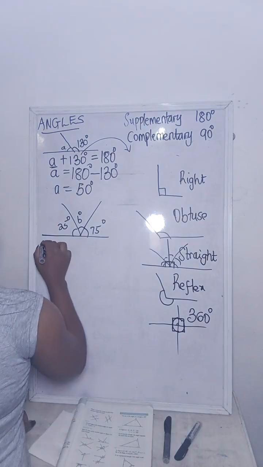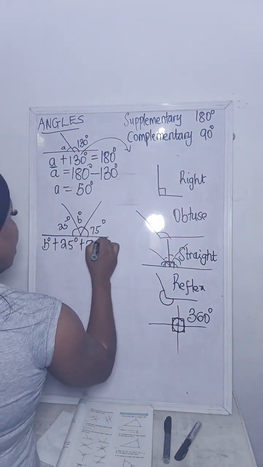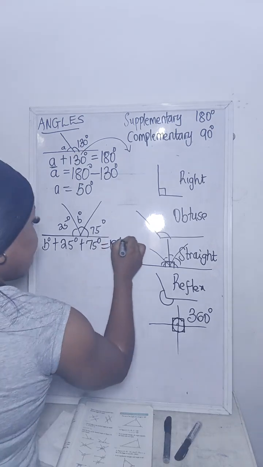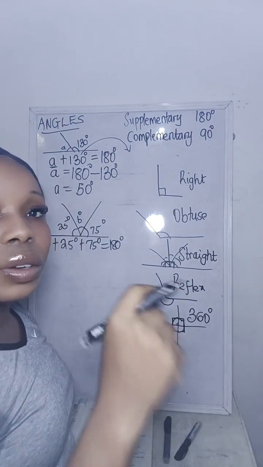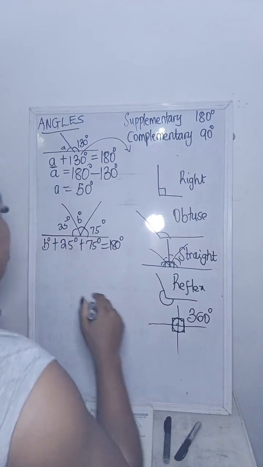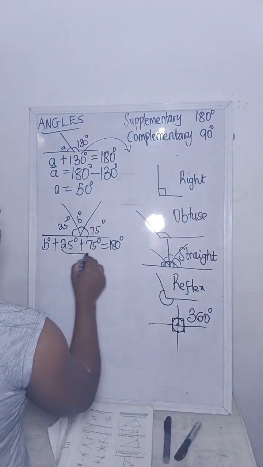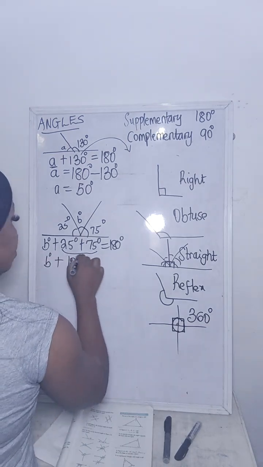So let's write: B degrees plus 25 degrees plus 75 degrees equals 180 degrees, because the sum of angles on a straight line is equal to 180 degrees. So let's add this together. 25 plus 75 will give us 100 degrees.